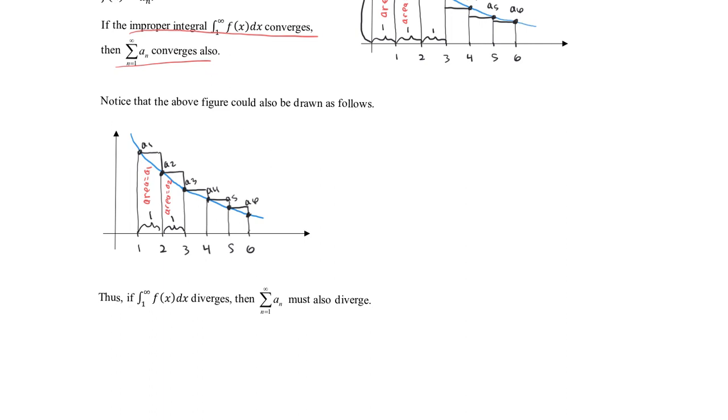But now you can see that the rectangles are actually bigger, right? If I add up the area of these rectangles from 1 to infinity, it's going to be more than the area underneath the curve. Also remember from calculus 1, we had the left-hand sum.